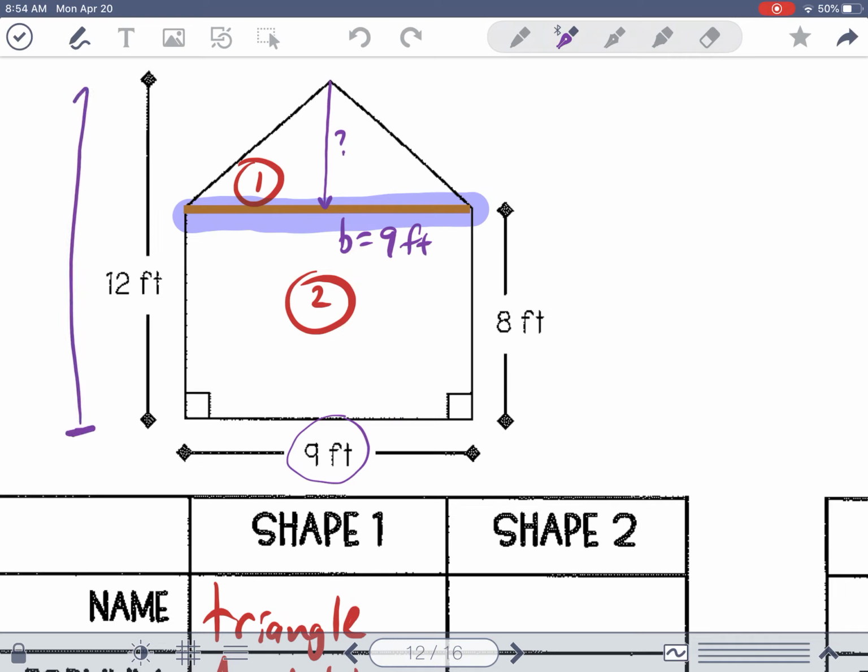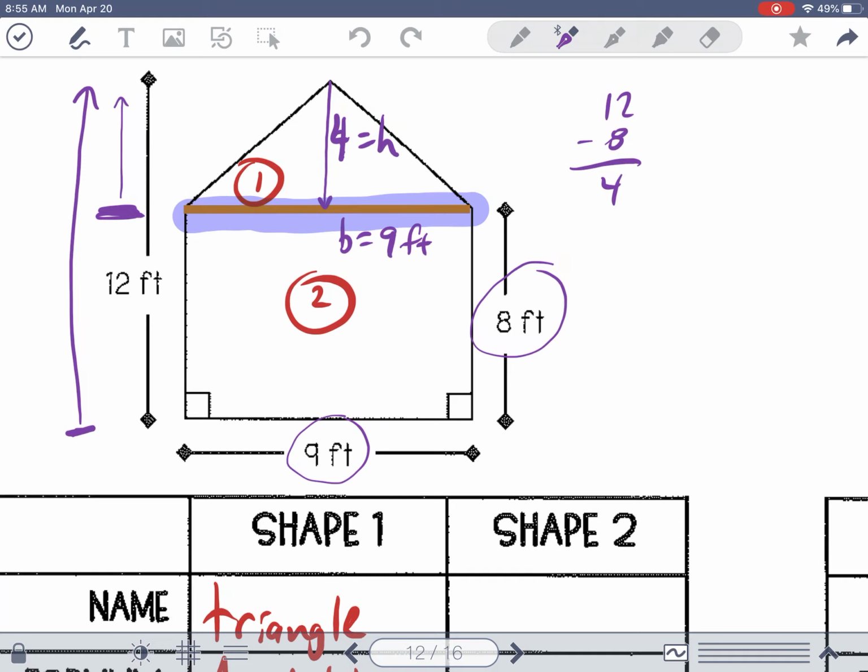From the bottom all the way to the top is 12, but we're starting here and going up. Yes, very good. If you come over to the right-hand side, there's 8. So 8 only goes to the top of the rectangle, so we're looking for that difference. 12 minus 8 will give me 4. So a 4 is equal to my height.